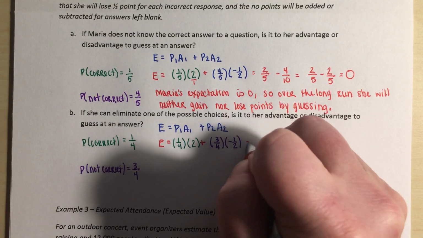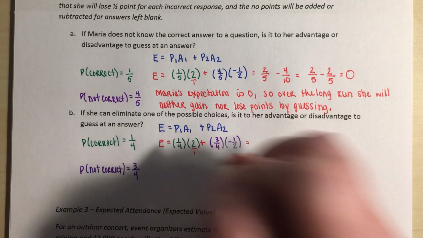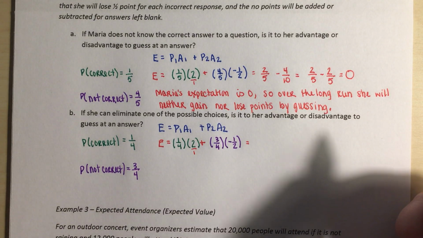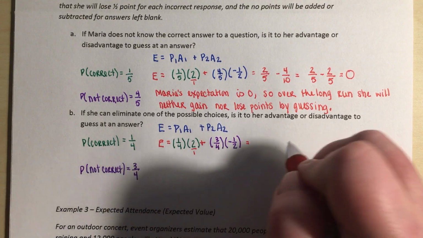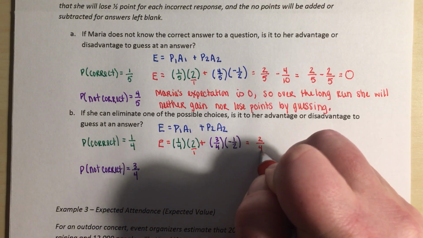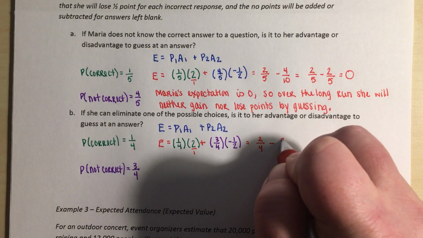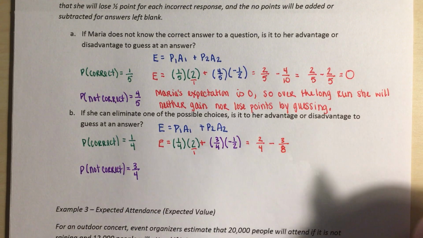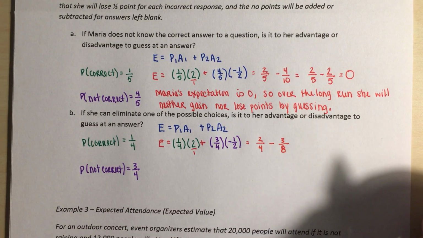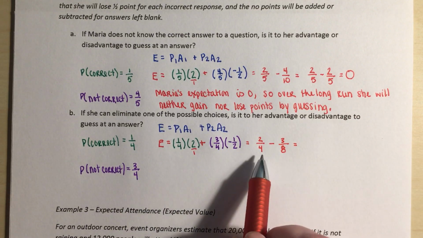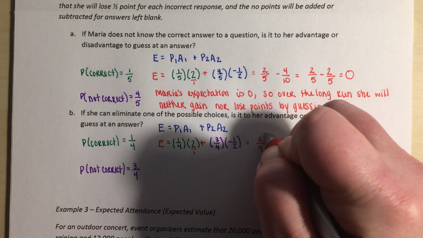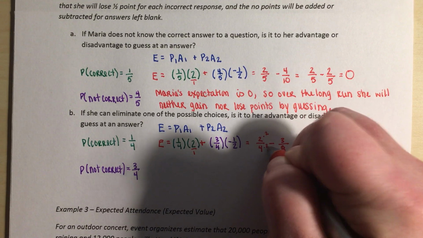Again, if we multiply this out, again, that 2 is over 1. So 1 over 4 times 2 over 1. If we multiply straight across, that gives us 2 over 4 minus 3 over 8. If we multiply that one straight across, then we need to find a common denominator. So I'm going to multiply both of these guys by 2 to give us a common denominator of 8.